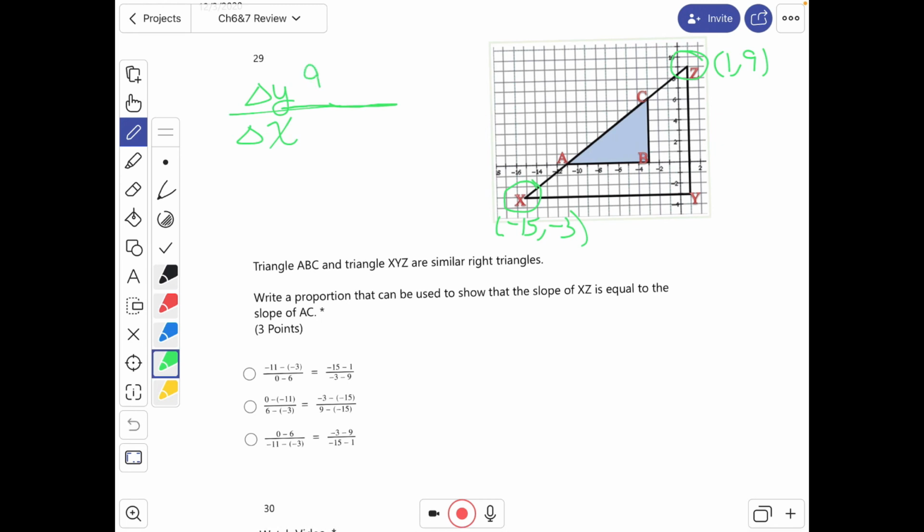So the slope of this one is going to be, the y's are 9 minus -3, and the x that went with 9 is 1, and the x that went with -3 is -15. So that's the slope for XZ. You can go look for that. See if you can find that somewhere where they are subtracting those points.